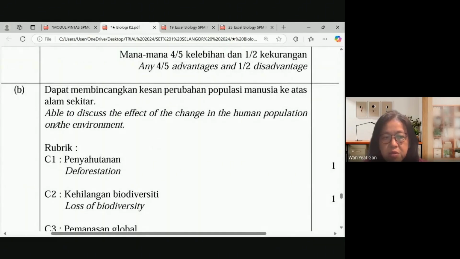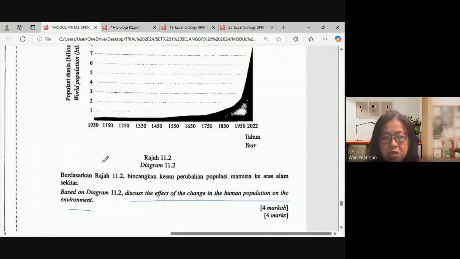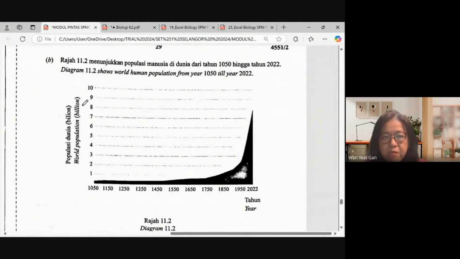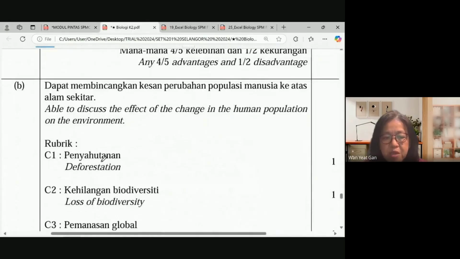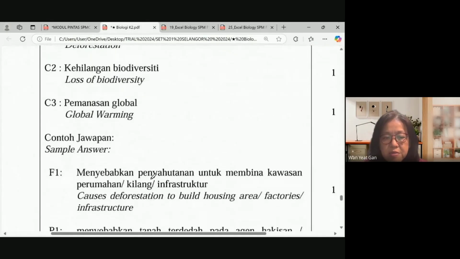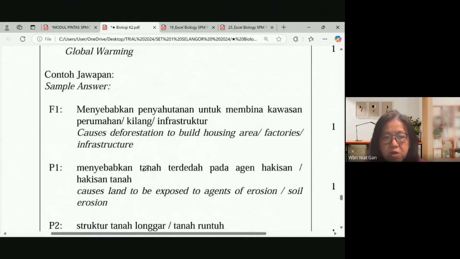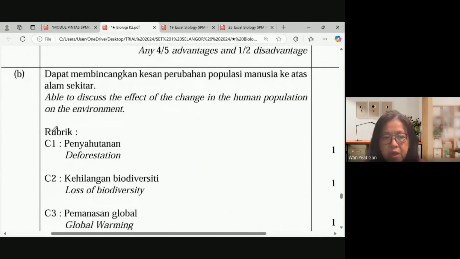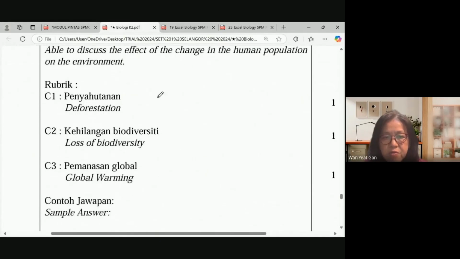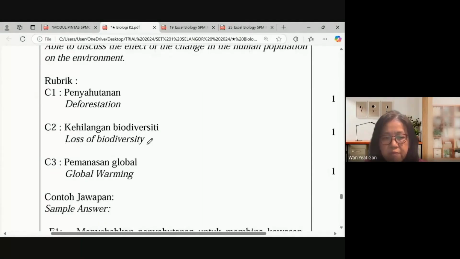Okay, so the change that we can see for the first one is deforestation. Okay, so these are the three constructs. Construct means we will look at these three categories to look at the effect of the change of human population on the environment.